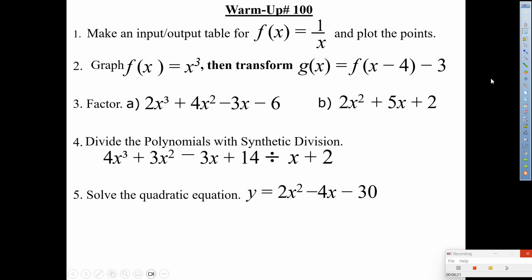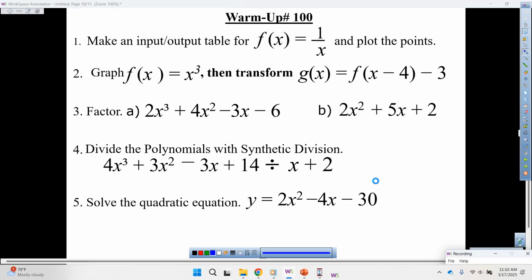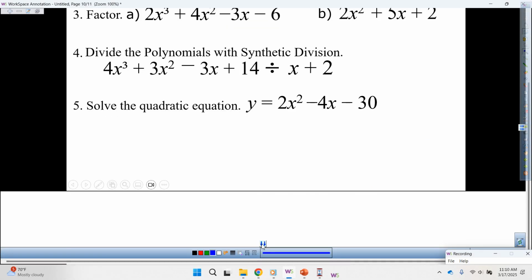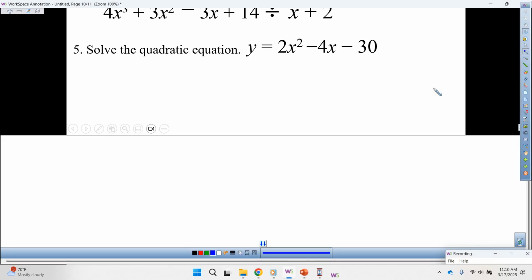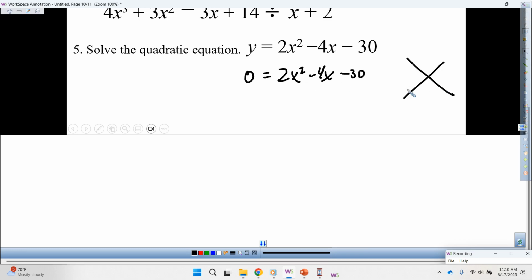I do want to cover number 5, though. Number 5, solve the quadratic equation. First step, we set it equal to 0. 2x squared minus 4x minus 30. Next, I'm going to go ahead and factor that.